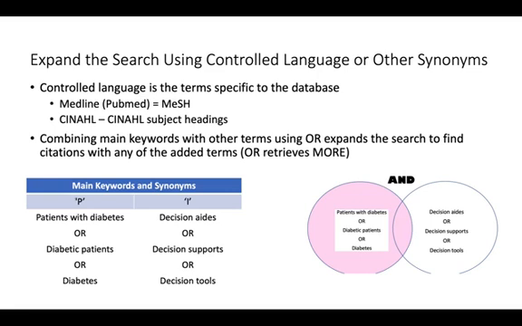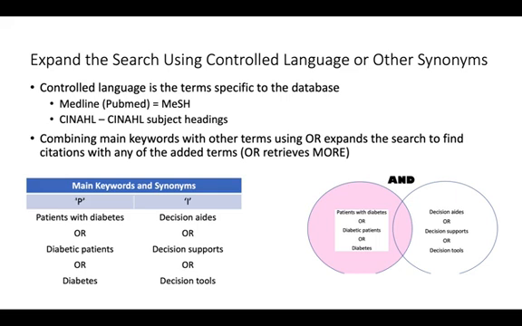Then you can expand the search to controlled language. Controlled language merely means that for the terms you're using, you go into that database and look up to see if they have specific terms for your main key term from your PICO question. In CINAHL, these are called CINAHL subject headings, and in Medline, they're called MeSH, M-E-S-H, subject headings.